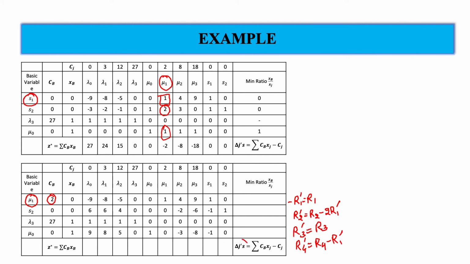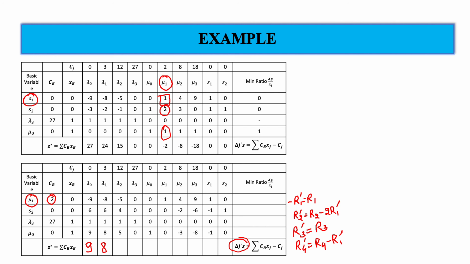Now find the delta j values. Delta j is 2, minus 9 is minus 18, plus 27 will give you 9, cj is 0. Then minus 16 plus 27 is 11, 11 minus 3 is 8.